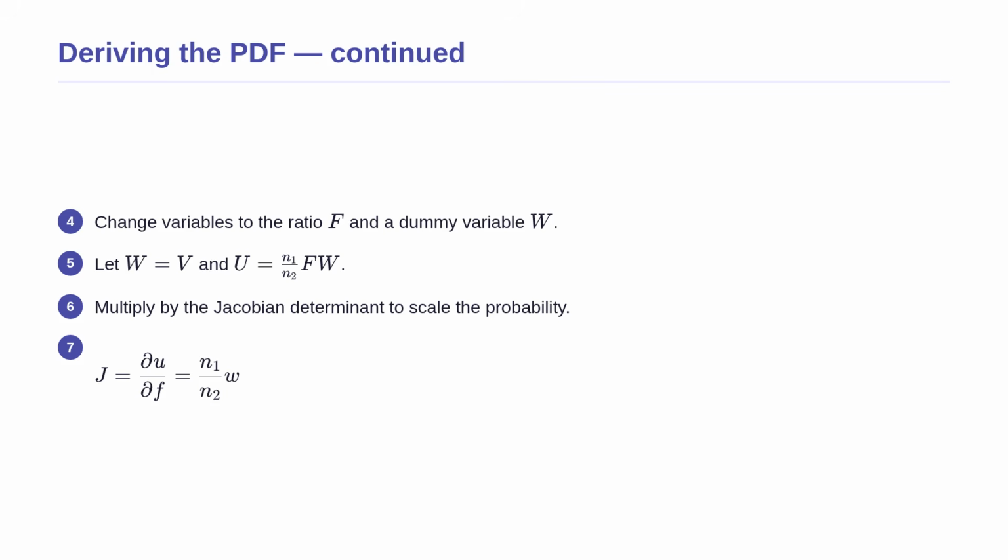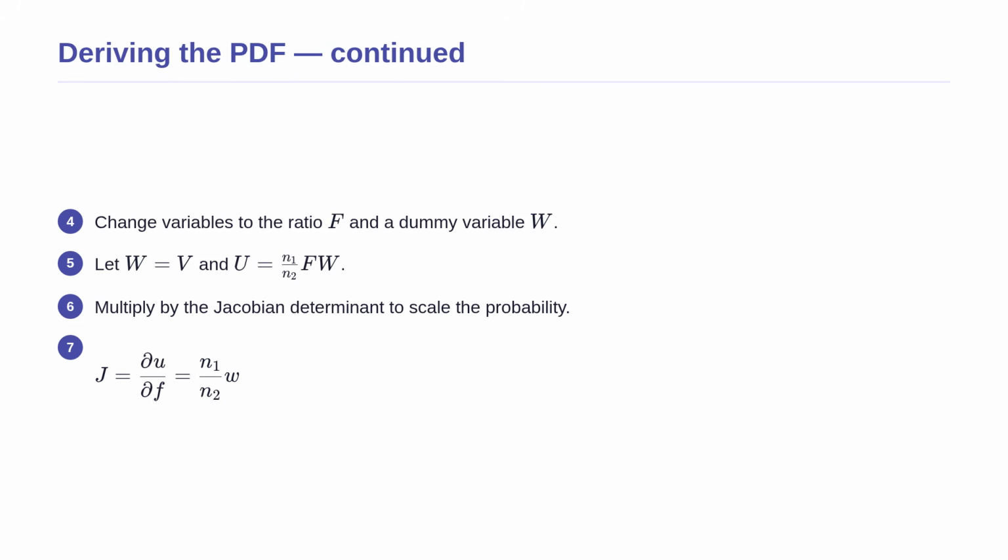Moving forward with our derivation, we need to change our variables from u and v into the variables we actually care about, the ratio f and a dummy variable w. We define w as being equal to v, which allows us to express u in terms of f and w.